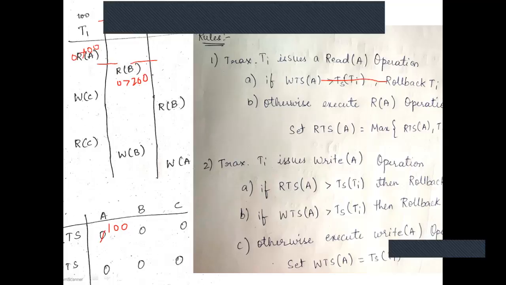No. So what we'll do, we'll take the max of RTS of B, comma TS of T2. Now what is the maximum between 0 and 200? It is 200. So this will become 200.